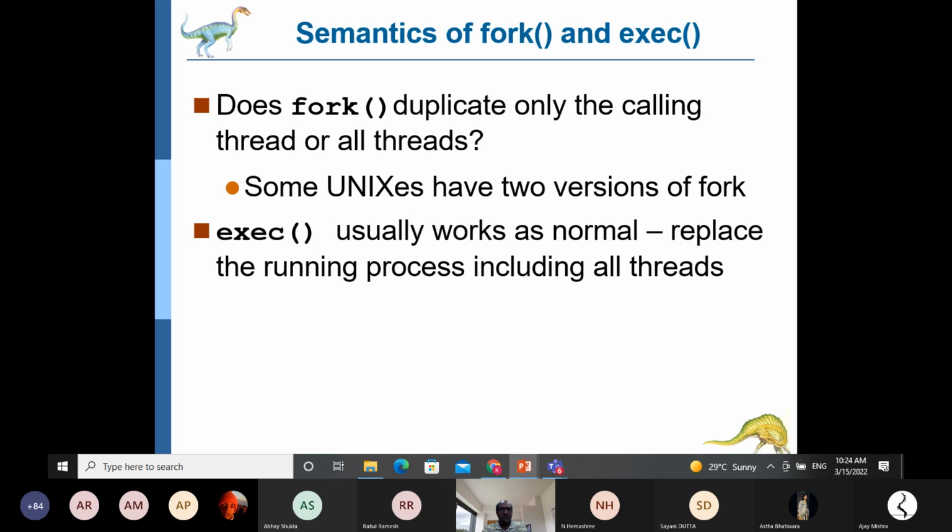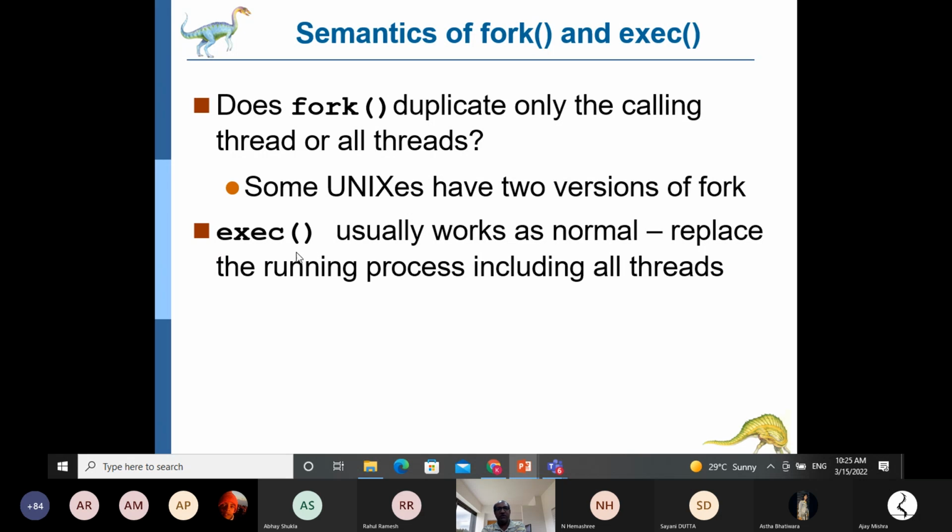Whereas if there is no exec system call following this, then fork will create the exact replica of the parent process. It means that if a parent process has four threads, then the new process has all of them and shares the entire address space of the parent process. So the fork system call can be used in these two versions, depending upon the exec system call.